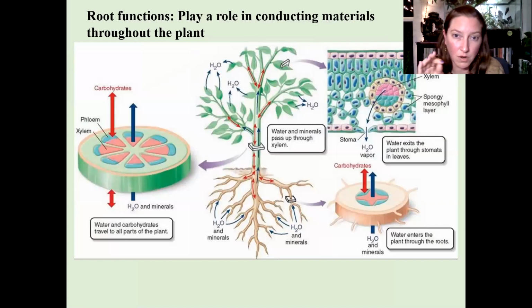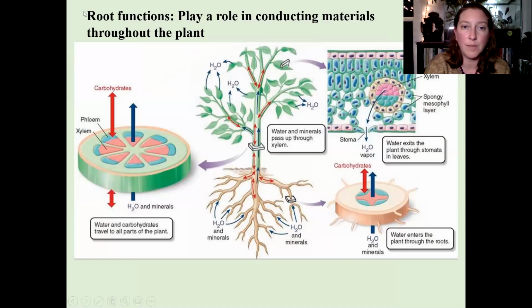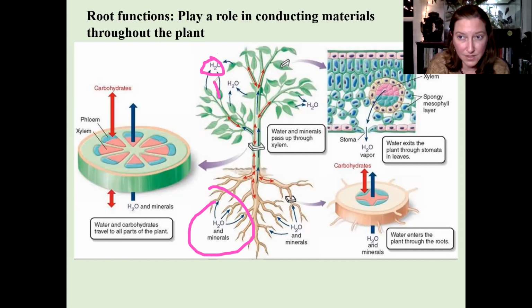This is just a fancy drawing to show things that we've already covered. Don't worry so much about what's going on the left, but this is just another schematic, right? Water and minerals are going up into the plant from the roots. Eventually water is getting released out of the leaves through transpiration. Look, they did a little cross section through a leaf.